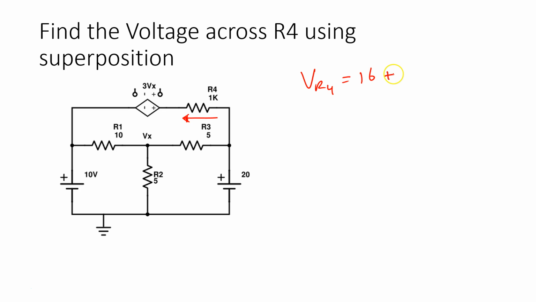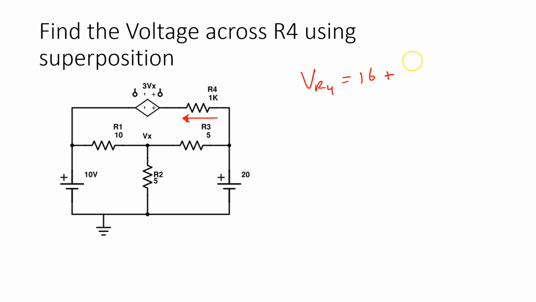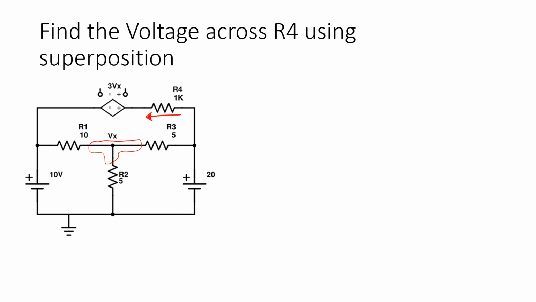Plus, now we need the 20 volt source value, VR4B, which is 4 volts, also in the same direction. Let's verify that all the directions are the same.